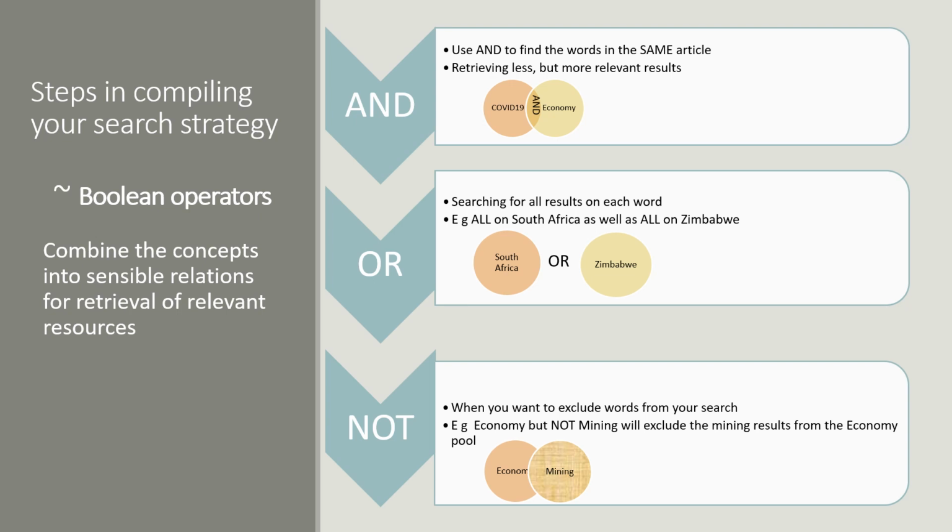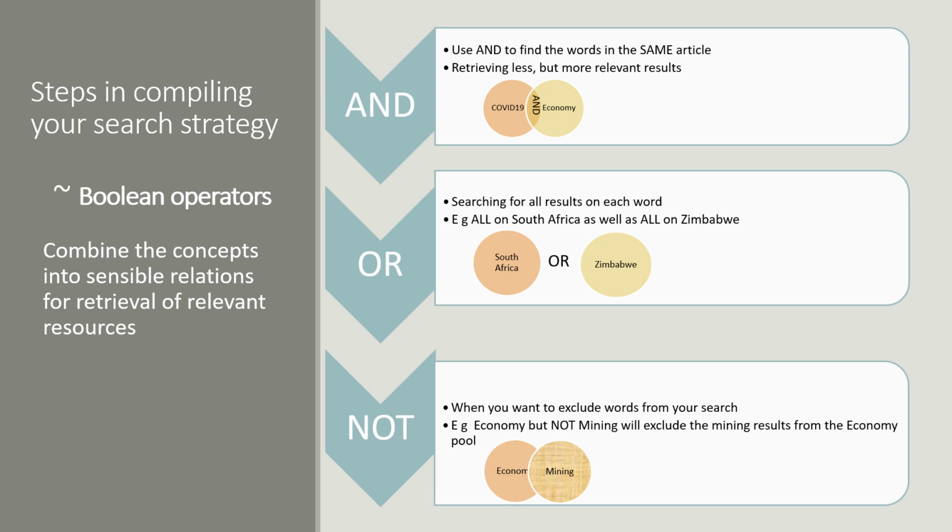When using OR between terms, you want to retrieve all the references on each of the terms, thus broadening your topic. Here it will include all on South Africa and all on Zimbabwe, to be combined later on again with set number 1.